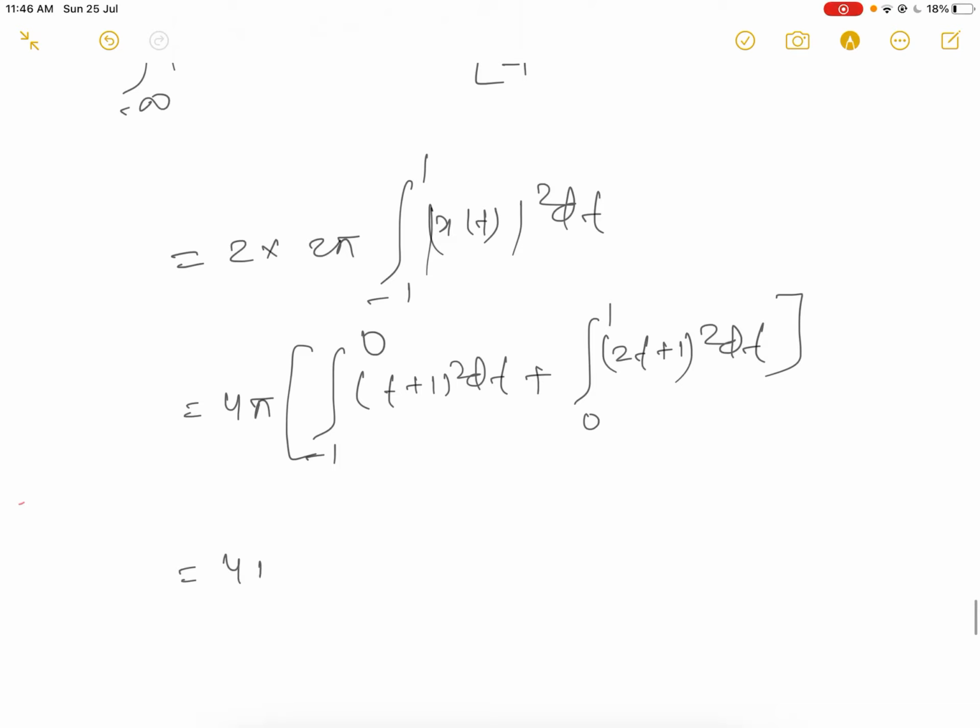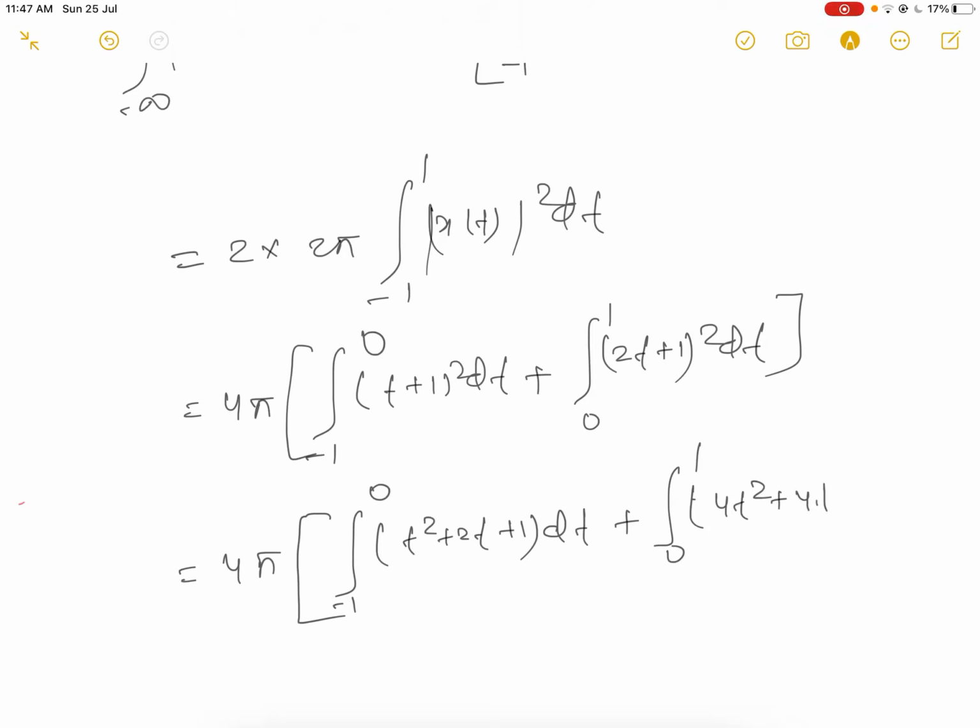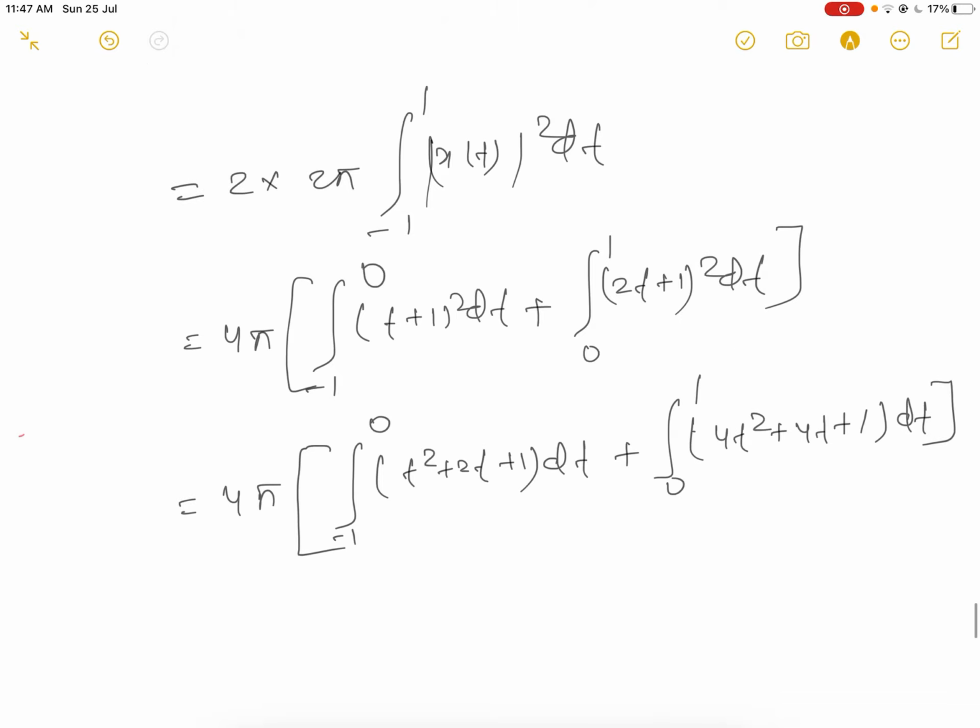Now calculate it. You will get 4 pi times the integral from minus 1 to 0 of (t squared plus 2t plus 1) dt, plus the integral from 0 to 1 of (4t squared plus 4t plus 1) dt.